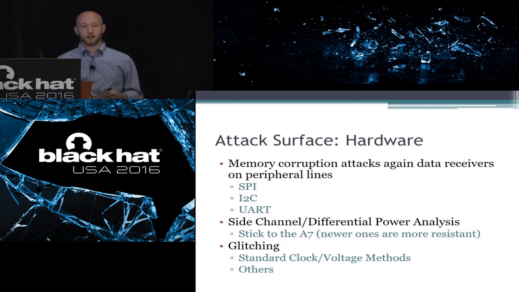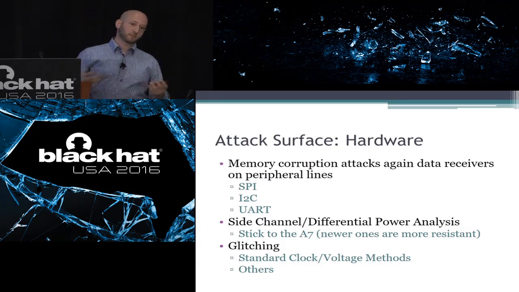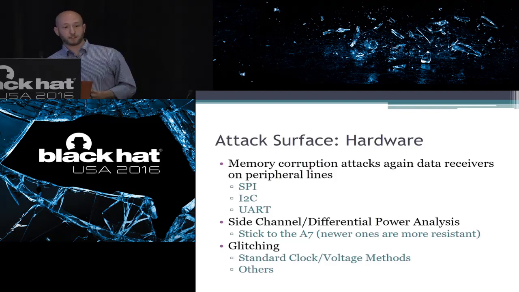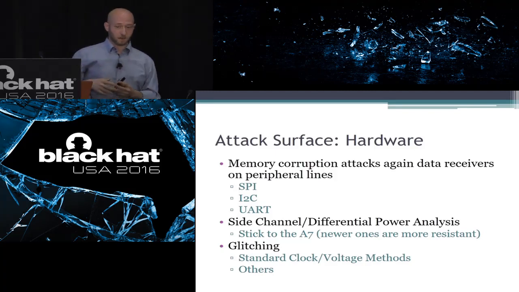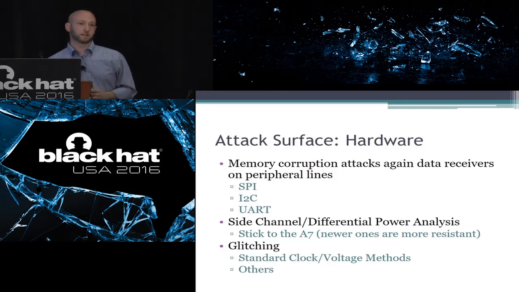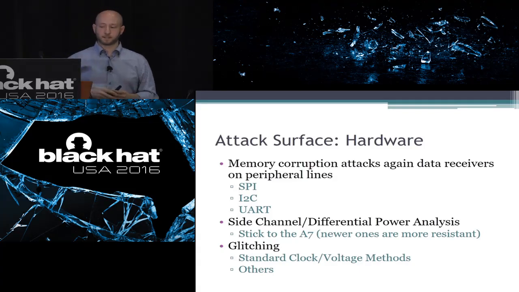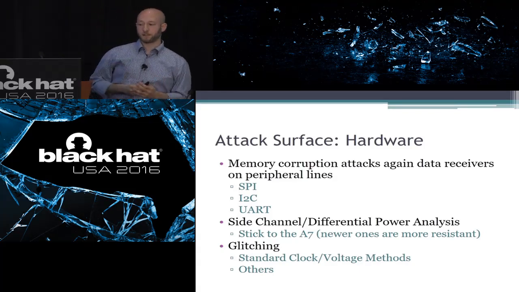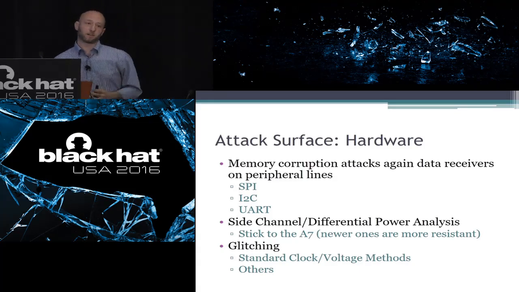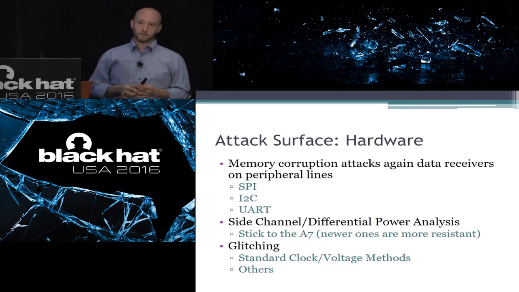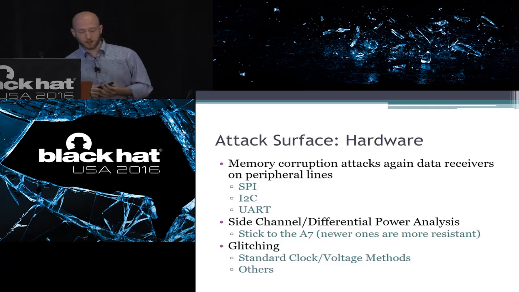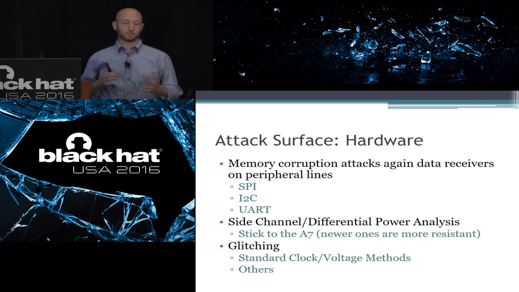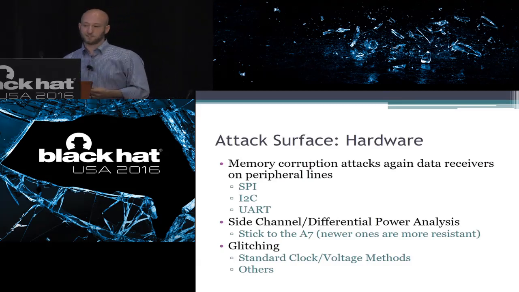So, SPI, I2C, UART, those all have receivers that could potentially be exploited, not only in boot ROM, but also in the SEPOS itself. You could do standard side channel and differential power analysis if you have your keys. My recommendation, if you're going to try that, stick to the A7. The newer ones seem to be stronger against those.